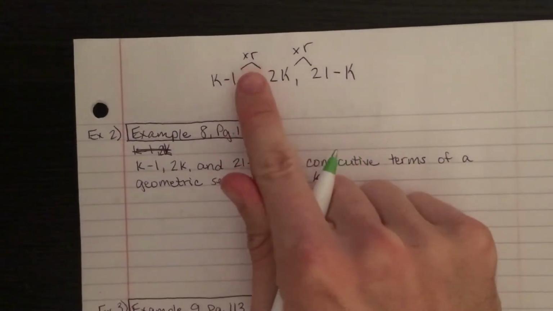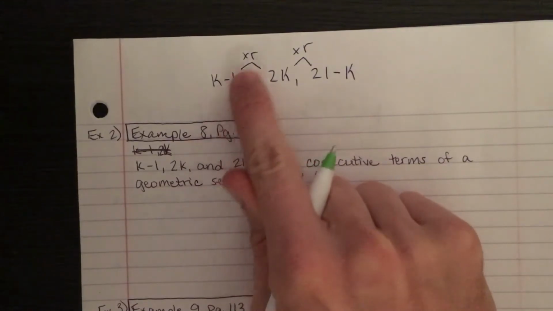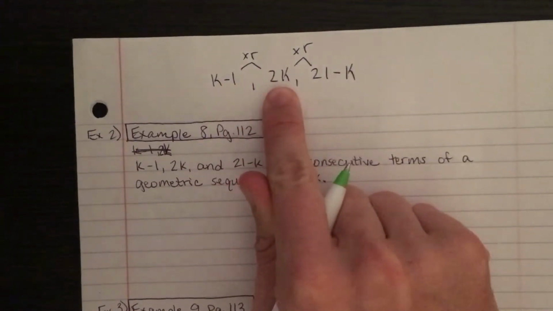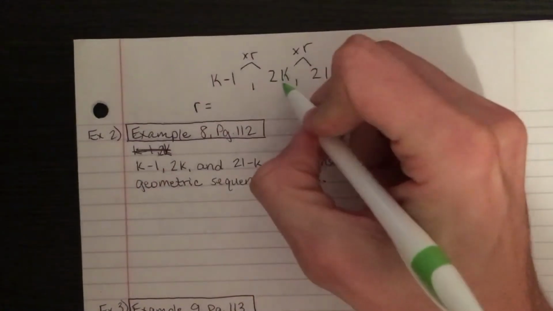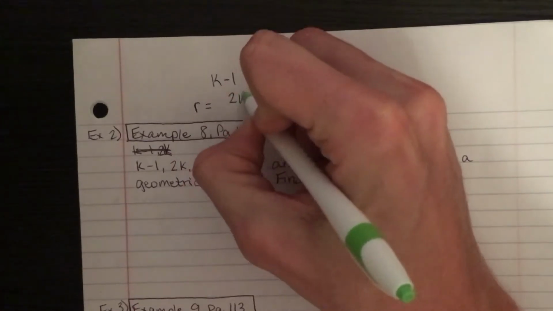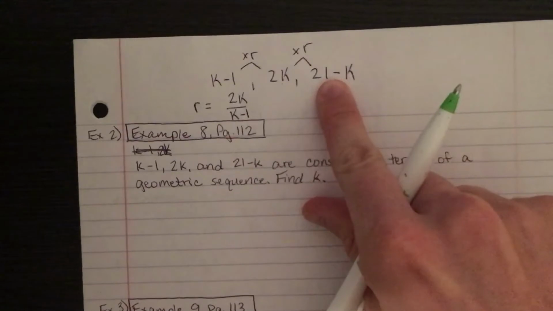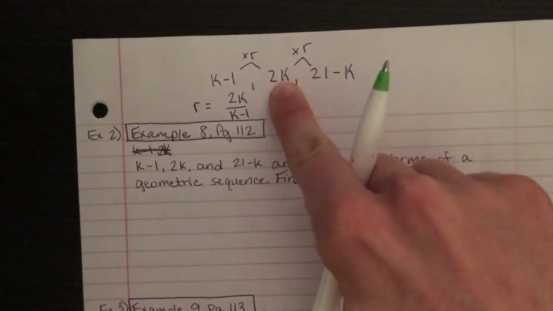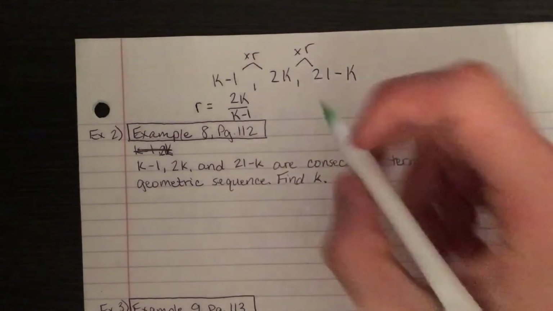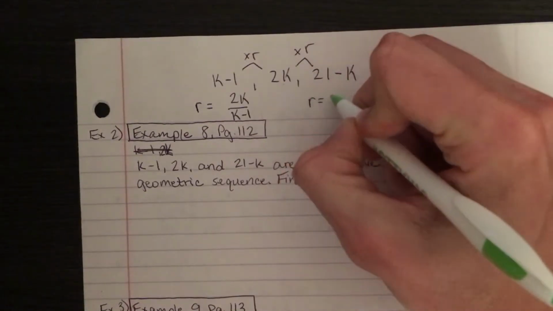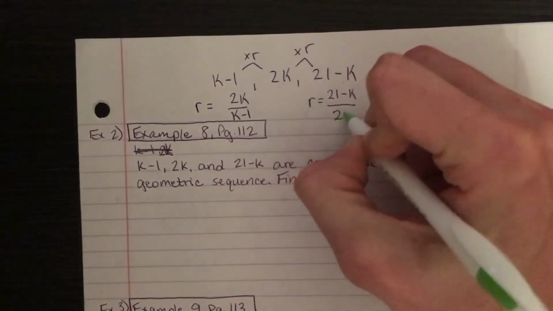So what we've got to do is say, okay, how do I figure that r out? What was Mr. Price talking about earlier? The way that you find it, if I know this times r is going to give me 2k, the way that I'm going to solve for r here is I'm going to do 2k divided by k minus 1. And over here, to get from 2k times r to 21 minus k, I divide 21 minus k by the term right before it, divided by 2k.